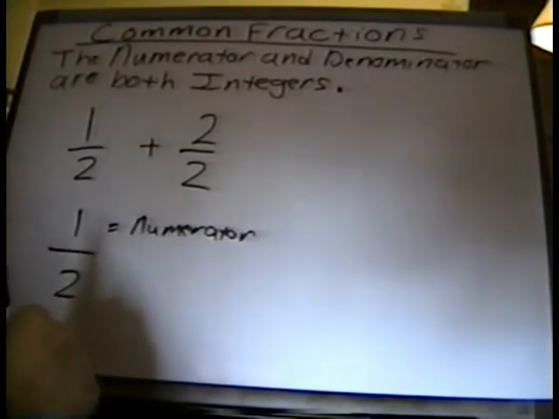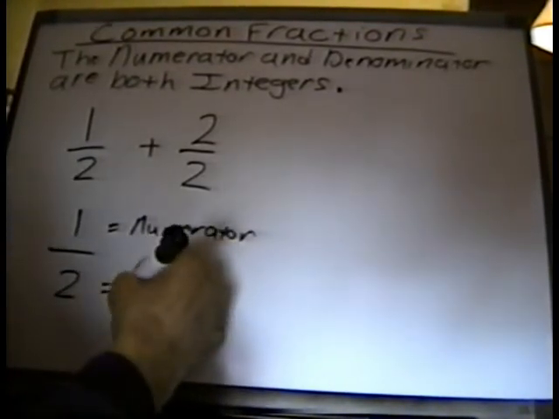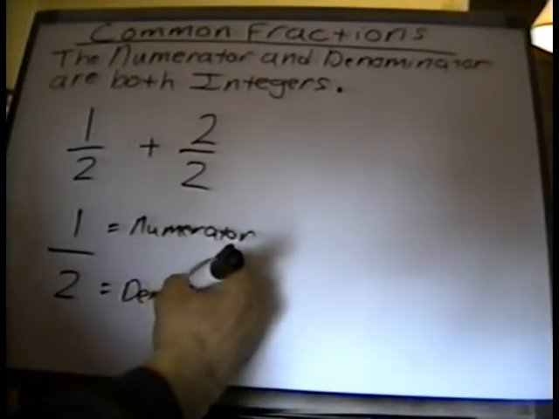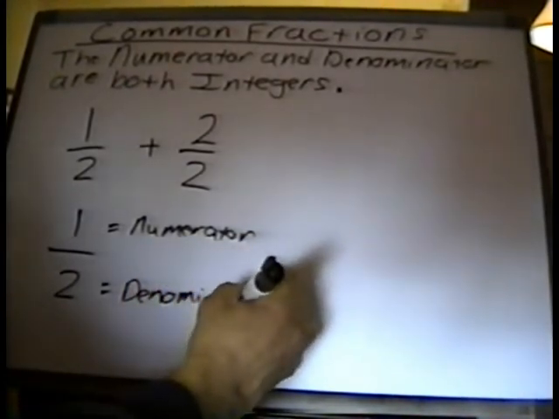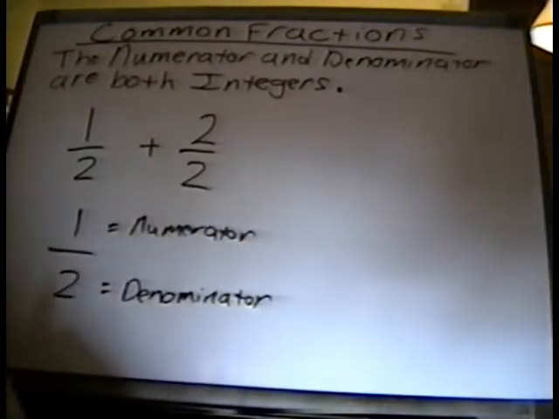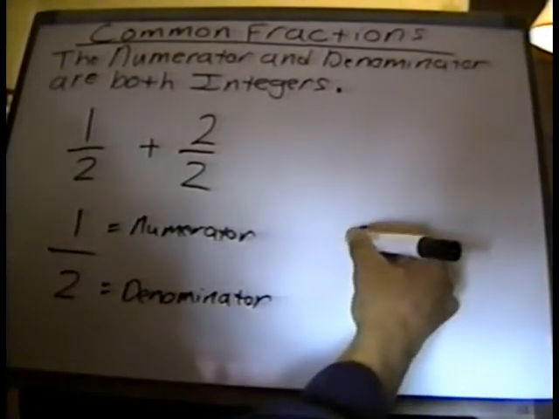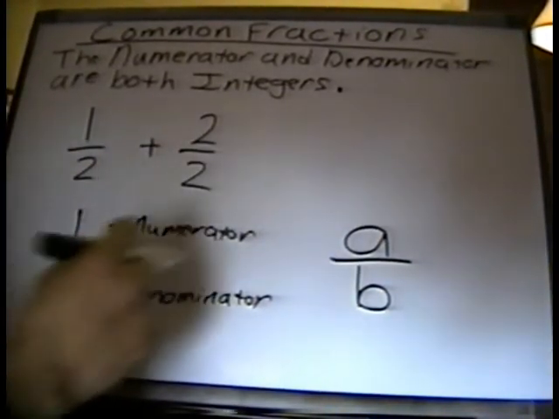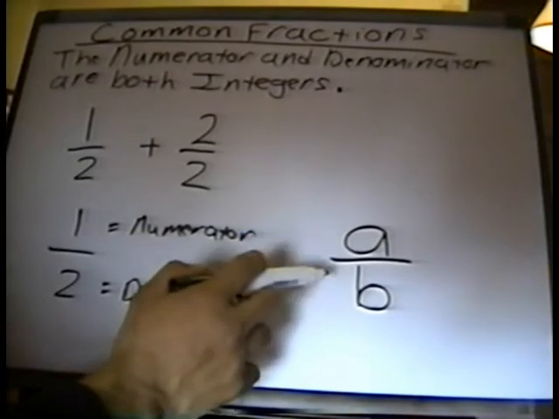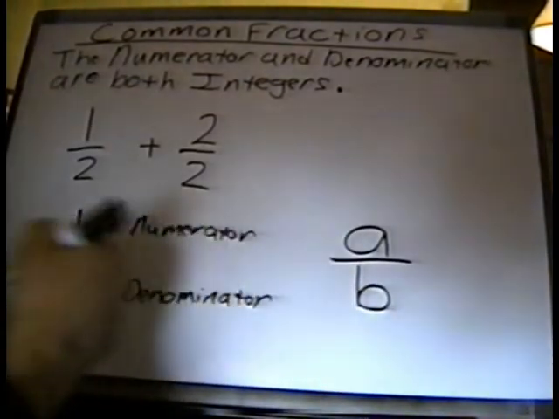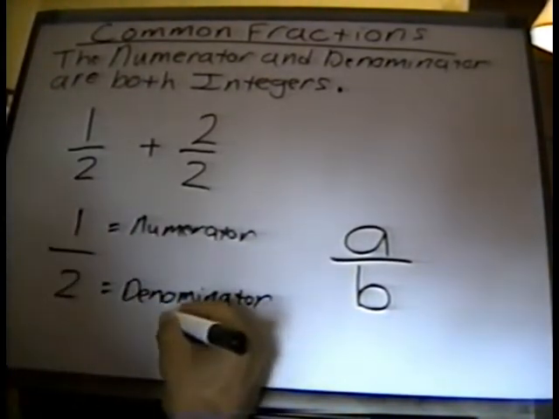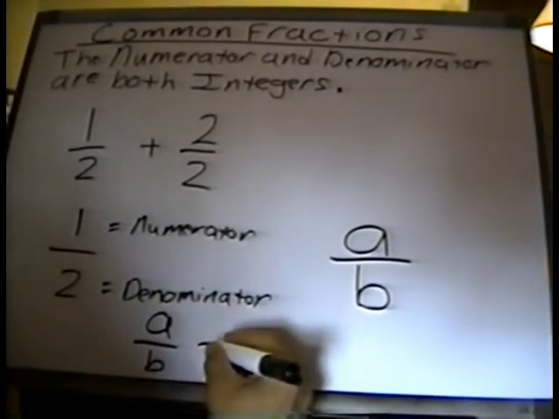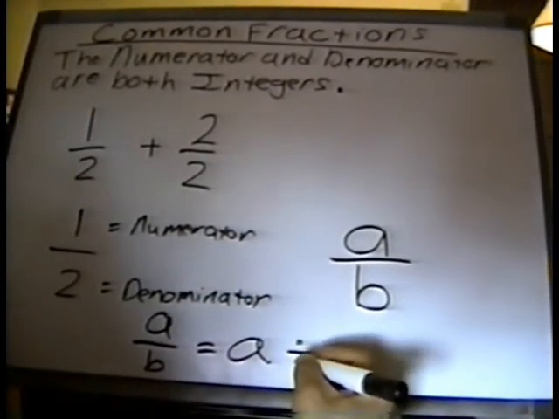The numerator goes on top, and the denominator is what we have on the bottom. Without numbers, we use letters to represent any numbers. So generally a fraction is written in this form, A over B, where this signifies a division. So A over B is equal to A divided by B.